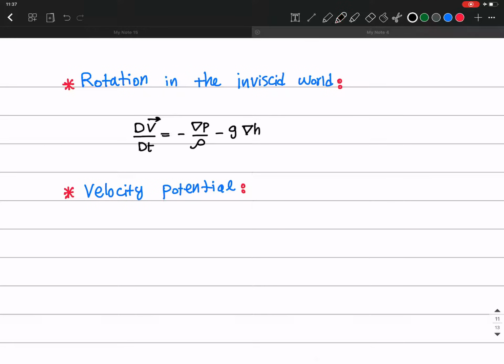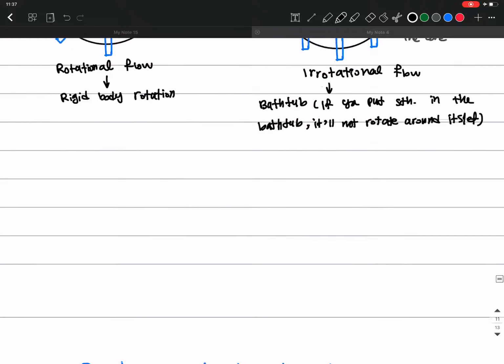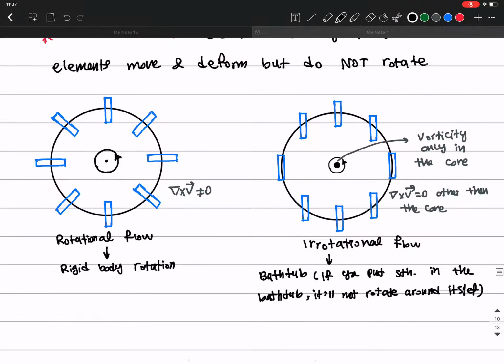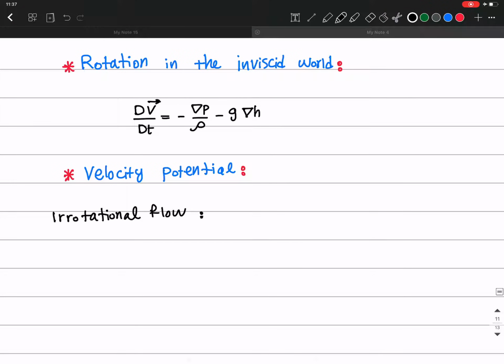If you have an irrotational flow, based on the definition of irrotational flow, that means the curl of velocity should be 0 everywhere.